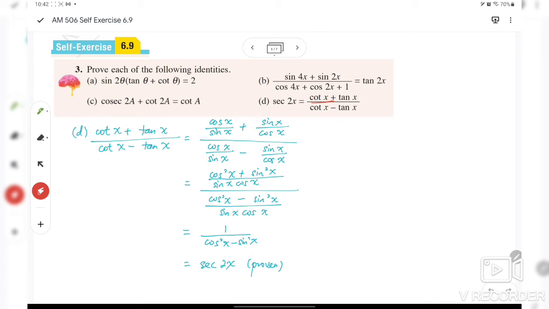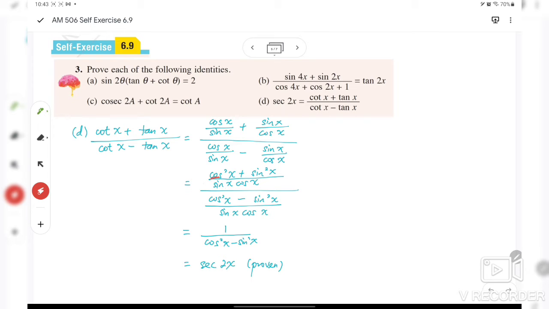Starting from the cotangent x, we have cosine x over sine x plus the tangent x, which is sine x over cosine x, then over cosine x over sine x minus sine x over cosine x. To make the denominator the same, we times sine x for the first fraction and cosine x for the second fraction.